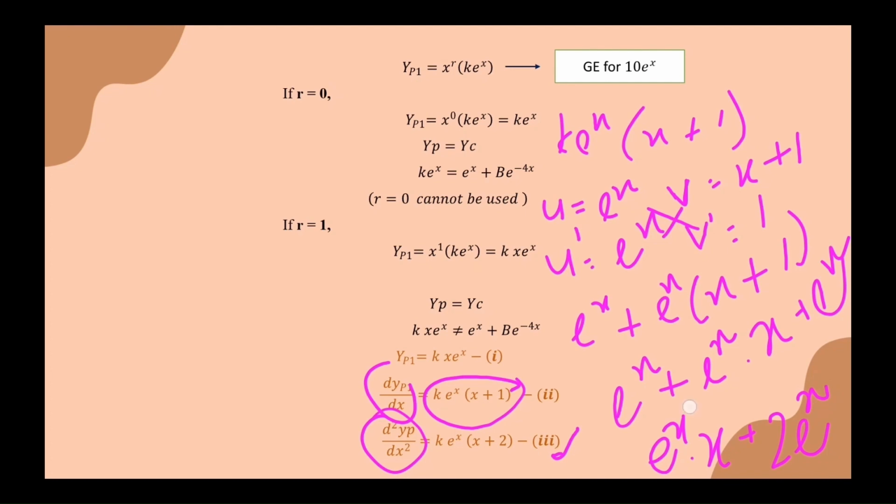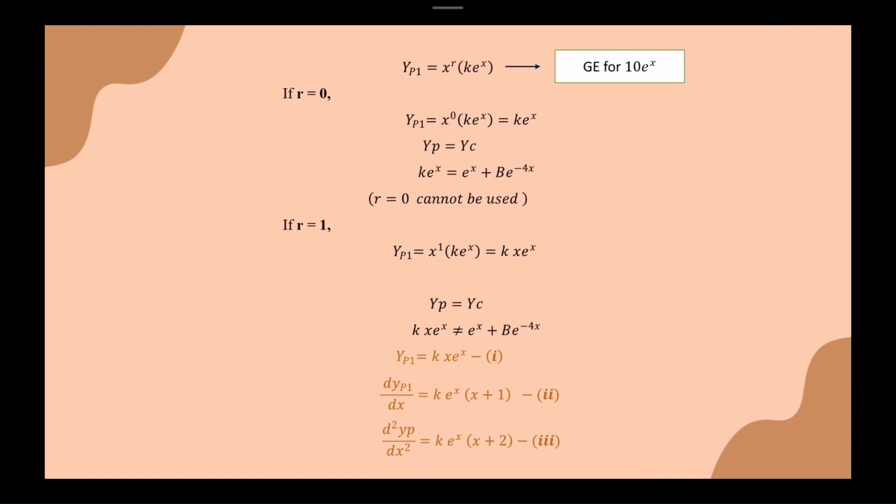When you extract the e^x out of this equation, you will get k e^x (x plus 2). That's how you get your second derivative. Now let's move to the next slide.